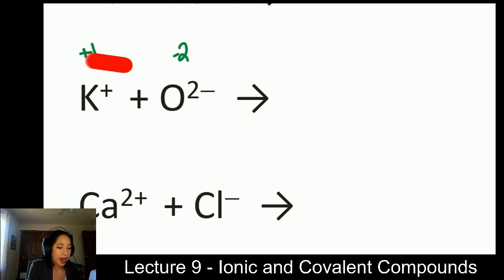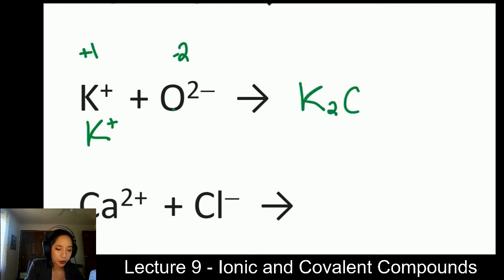So if we added this up right now, there would still be an overall -1 charge if we just had one potassium cation and one oxide anion. So we need a second potassium. If there are 2 potassiums at +1 each, that can cancel out with the -2 charge on oxygen. So our formula will be K2O, where this subscript means that 2 potassiums have to be present to cancel out the charge of an oxide.